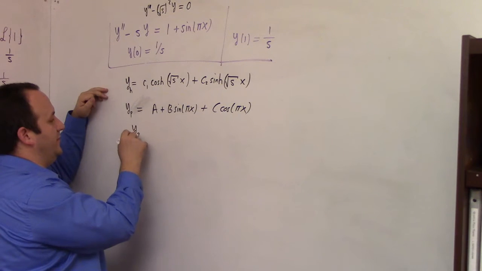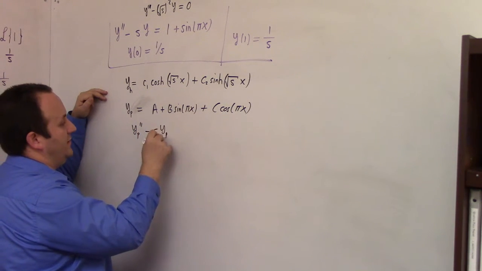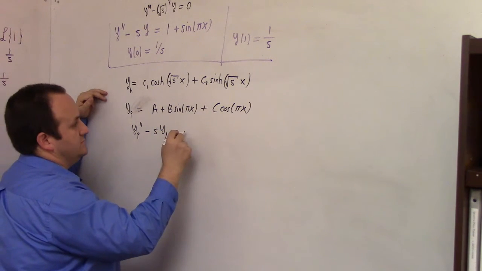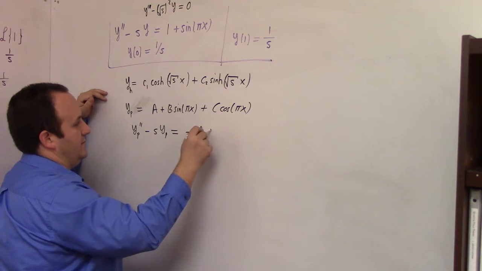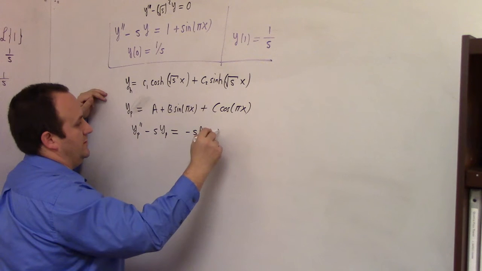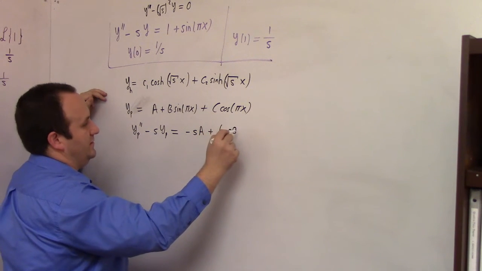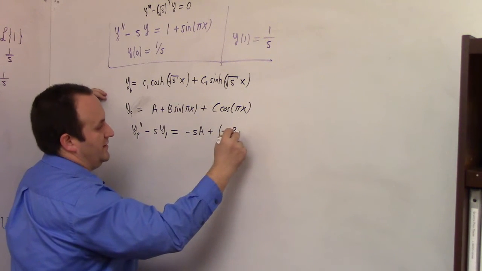And we need yp prime prime minus s times yp, that is exactly minus sa plus minus sb minus pi squared, I think.